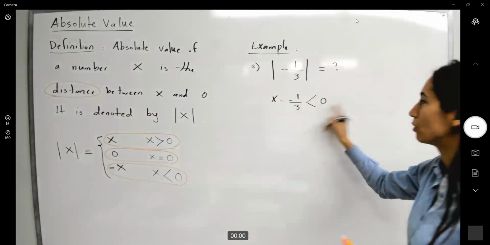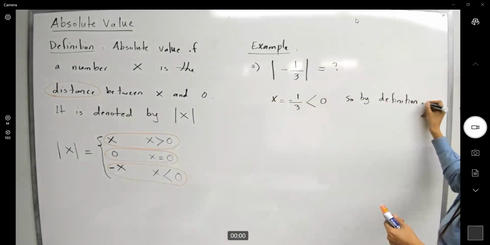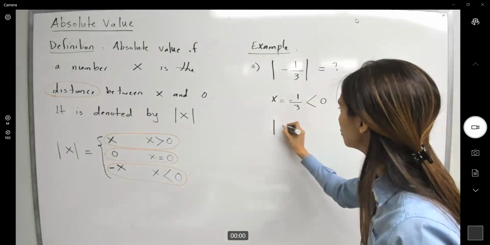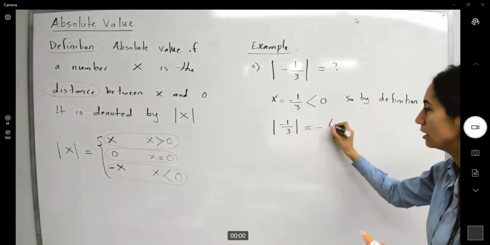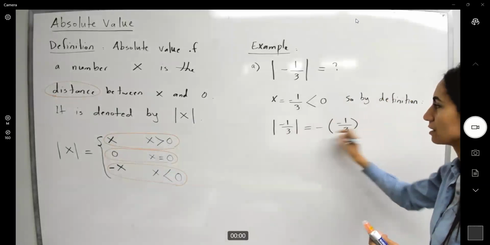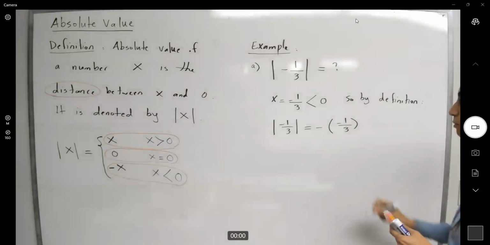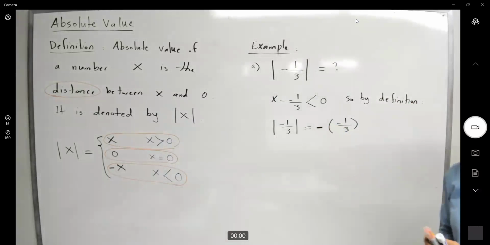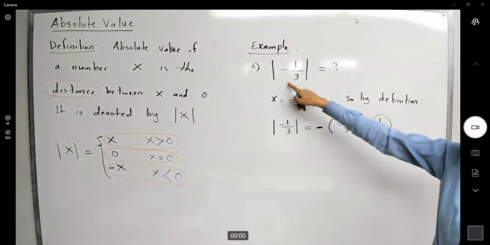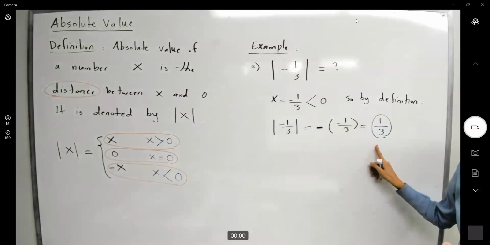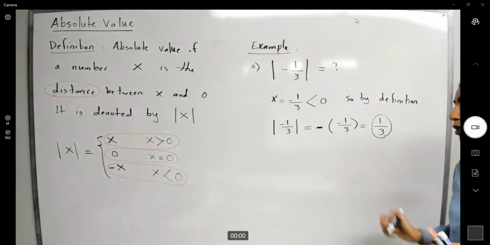So by definition, the absolute value of negative a third is equal to putting a negative sign in front of our x, which is negative. Negative times negative gives you positive a third. So the distance between negative a third and 0 is positive a third. Remember that when you represent the distance using numbers, it must be positive.